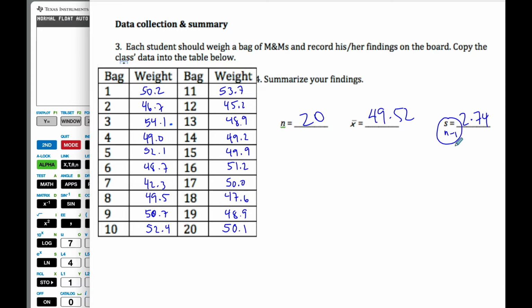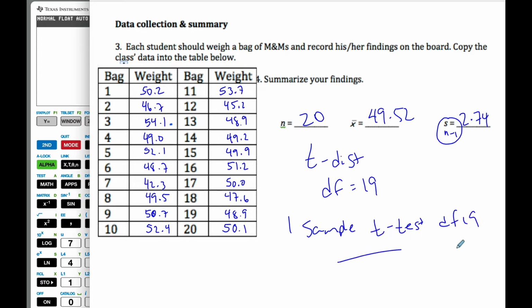Because it's an estimate, I am going to use the t-distribution with 19 degrees of freedom. Because I have just one sample, I'm doing a one-sample t-test with 19 degrees of freedom. Here I've named the test, and I have my numbers.